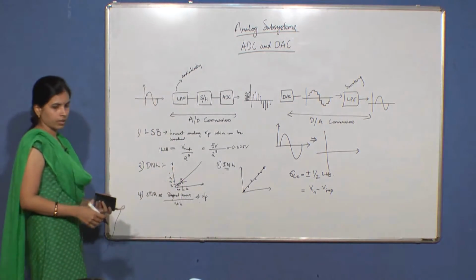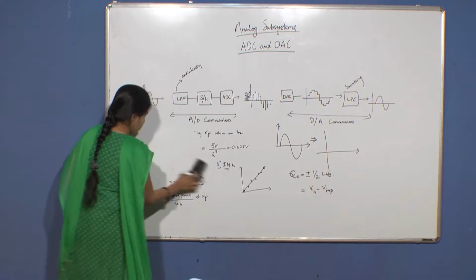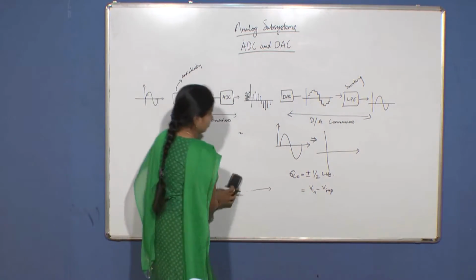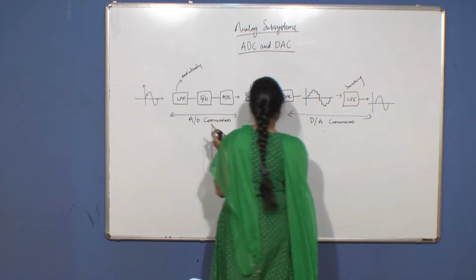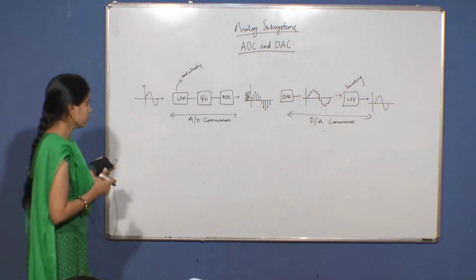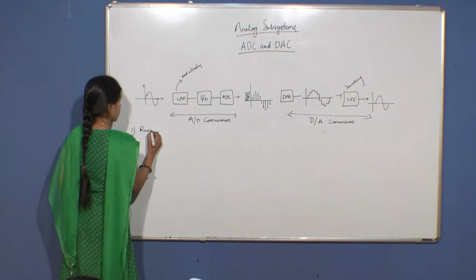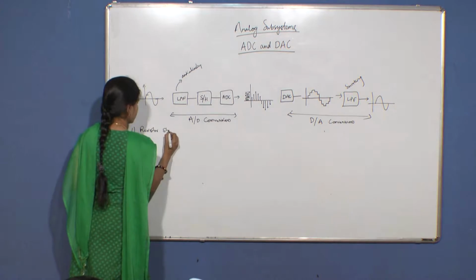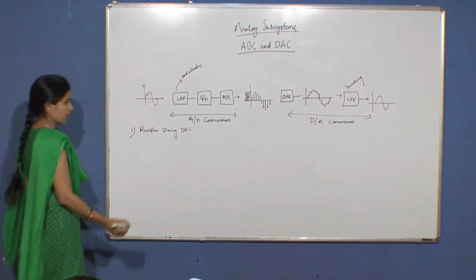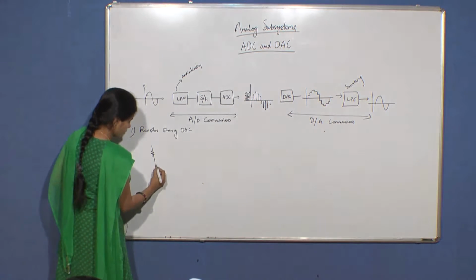So let us see a few architectures of the D2A and A2Ds. So coming to the DAC, digital to analog conversion, the first is the resistor string. So in this you have a string of resistors.